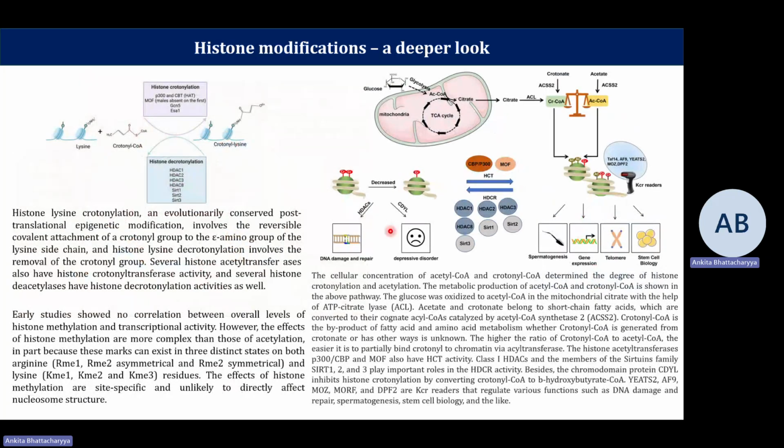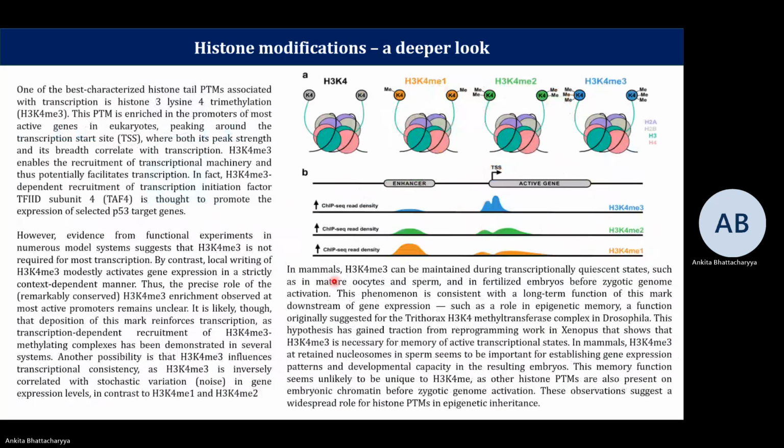Then we talked about histone lysine propionylation, an evolutionarily conserved post-translational modification. H3K4, H3K4me1, H3K4me2, me3, all three of them. Depending on the ChIP-seq read, you can see that each of these marks has a different attribute associated to it.